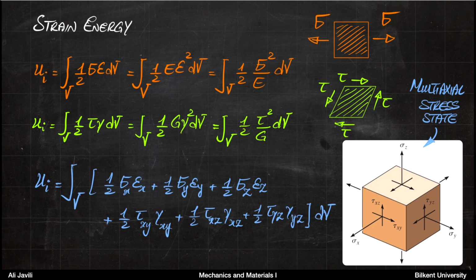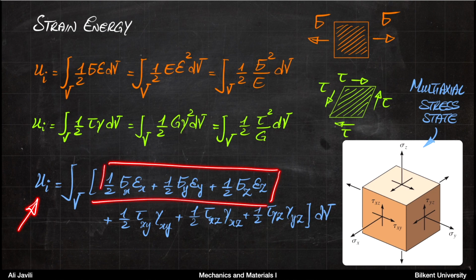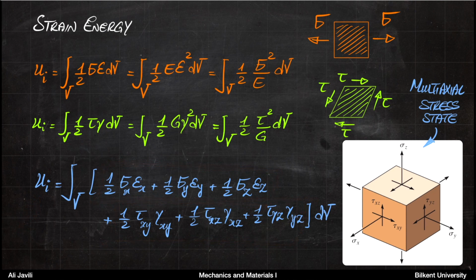So for a multi-axial stress state, this is what's going to happen. Your internal energy would be the sum of all the energies due to normal stress-strain relationships and all the energies due to, let's say, shear stress-strain relationships. So 1/2 of sigma x epsilon x plus 1/2 of sigma y epsilon y plus 1/2 of sigma z epsilon z. So these are for the normal stress strains.